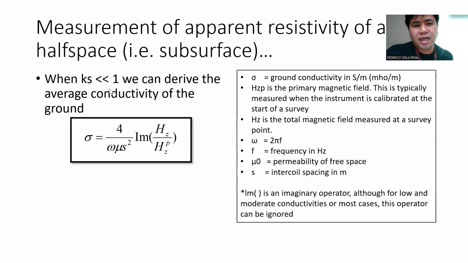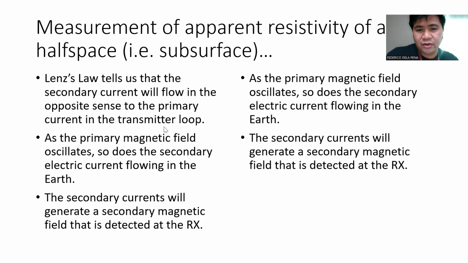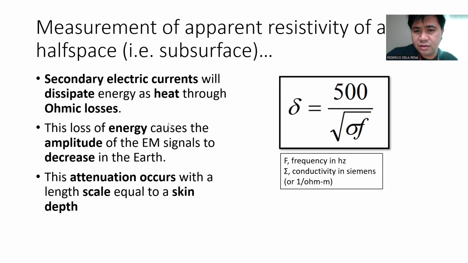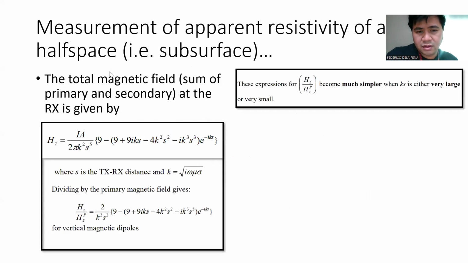Okay, for very low values of Ks, I'm going to go back to the Ks value. So S is the spacing, K is your value, which is proportional to your angular frequency and your conductivity.